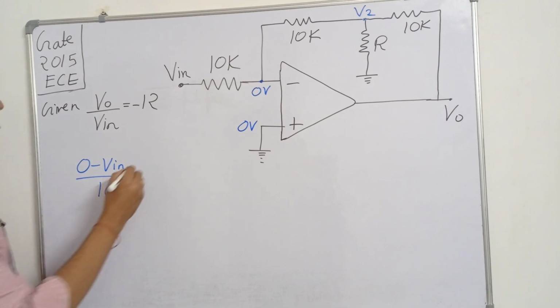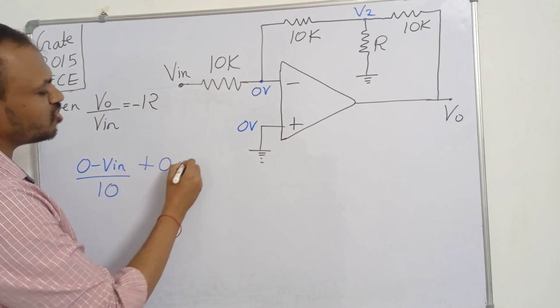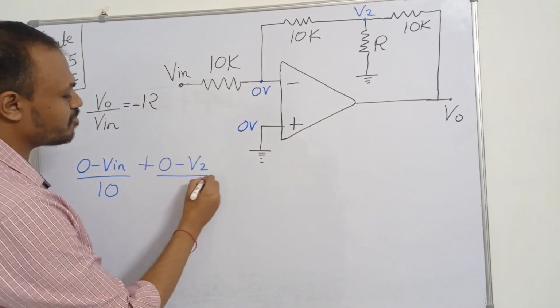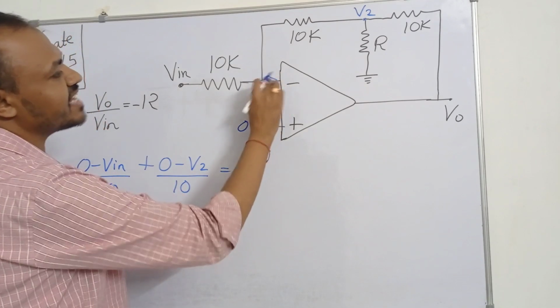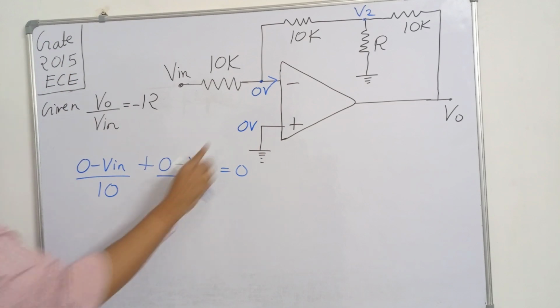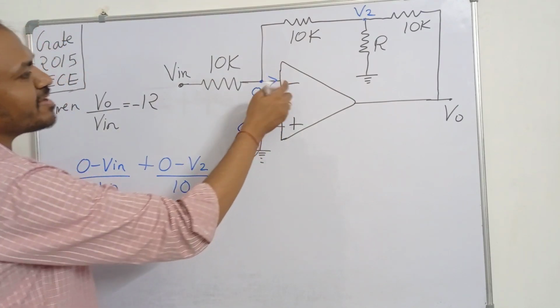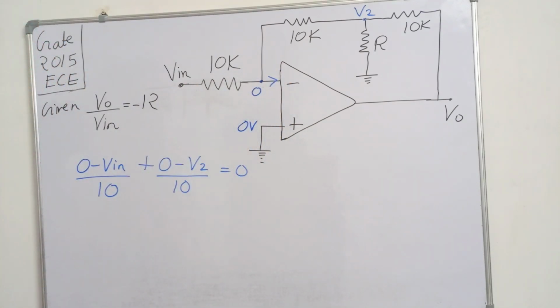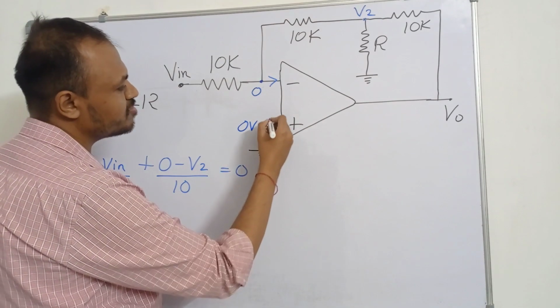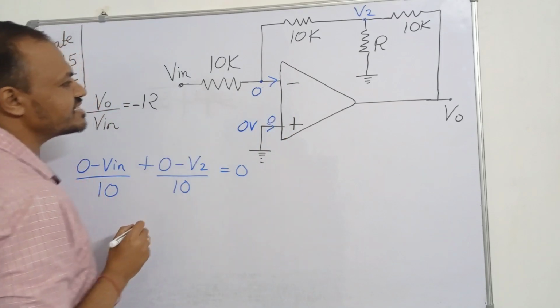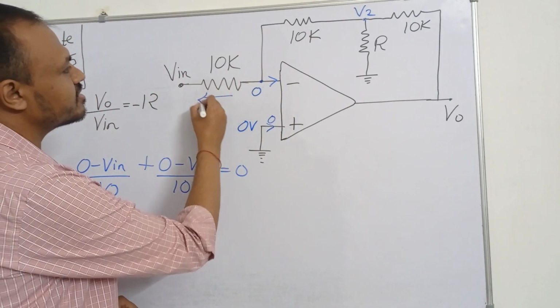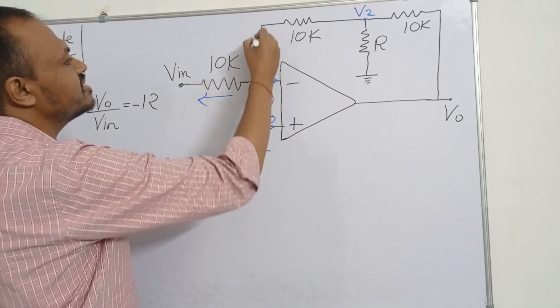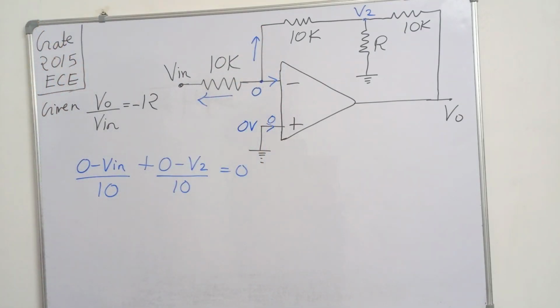So plus 0 minus V2 upon 10 equal to 0, because this current, that is the current going inside the op amp, will be 0 ampere, because the input resistance of ideal op amp is infinite. So this current will also be 0. Both these currents are 0. So we will only have two currents, this outgoing current and this outgoing current. So there will only be two outgoing currents.